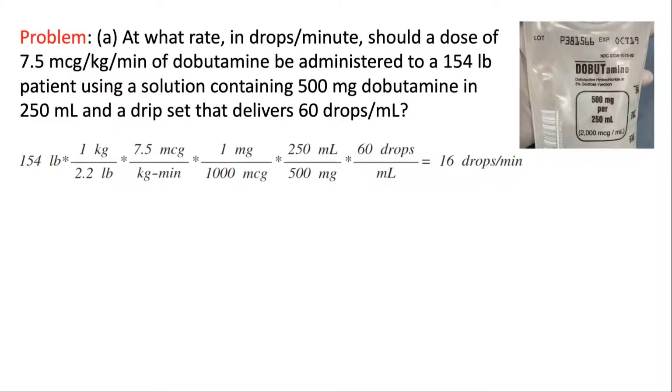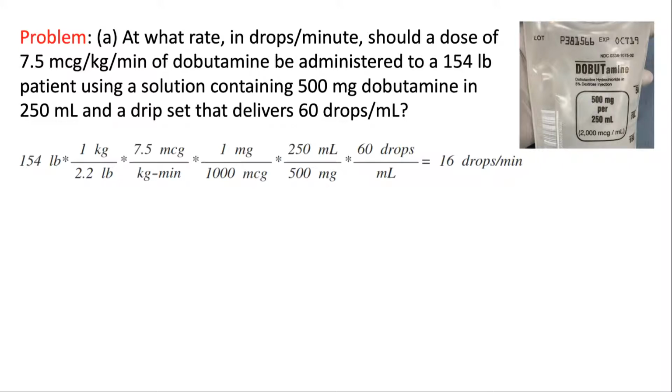So my units are drops per minute, and if you do that math from left to right, you can see that we need to administer this at 16 drops per minute. That would give my 154-pound patient the right dose of drug and administered over the right amount of time. So that essentially answers letter A using this solution that we had that had 500 milligrams per 250 milliliters.